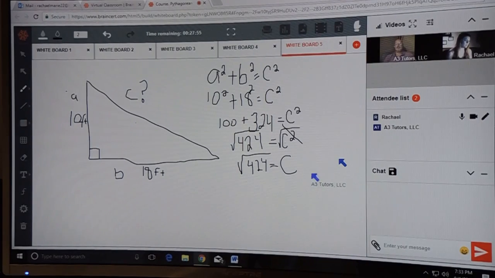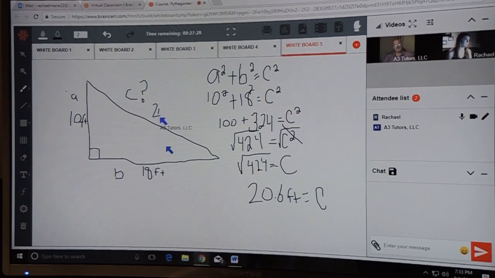It is 20.6. Okay, and go ahead and use your unit of measure. Feet. Okay, good. I'll let you finish it. Yes, equals C. Very good.